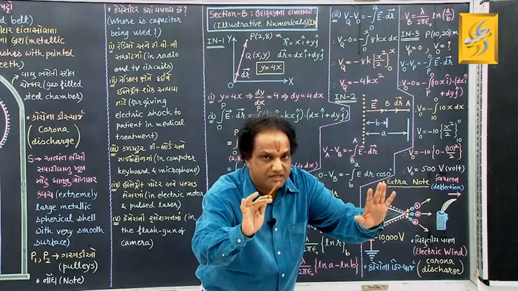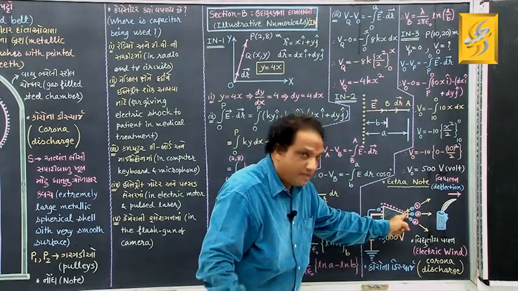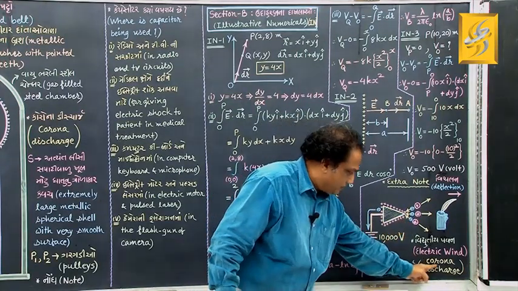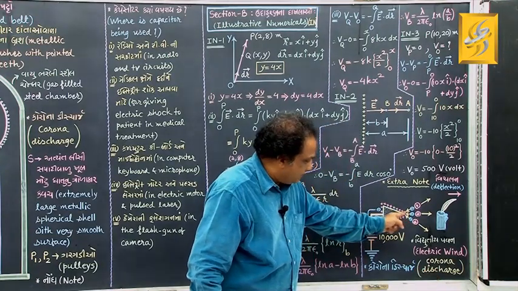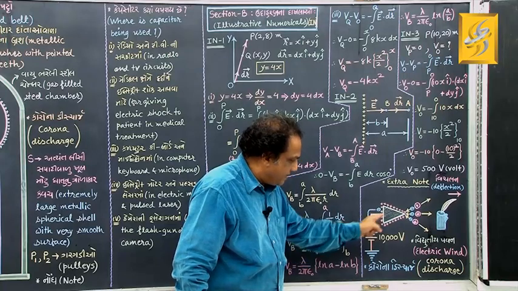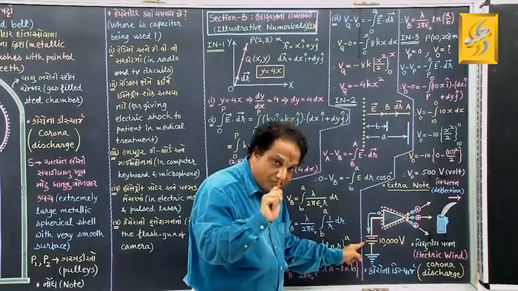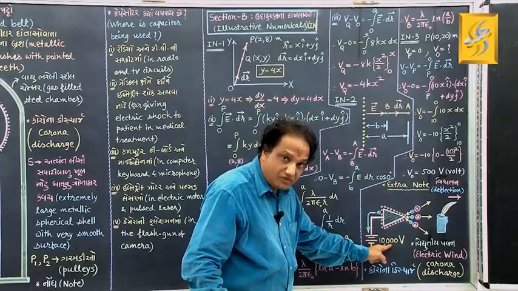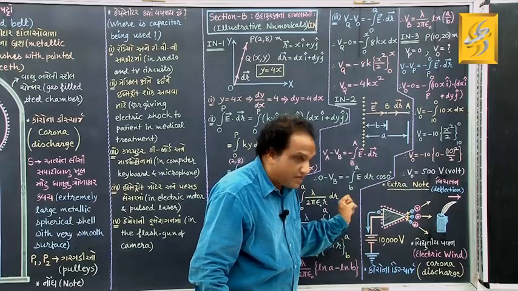The process of losing charge is called discharge, but that discharge is taking place at the corner. That is why we call it coronal discharge, correct? And electrons through this metallic plate ultimately enter the ground. Because of the presence of this battery, a constant positive potential nearly equal to 10,000 volt is maintained on this metallic plate. So, this process will continue.